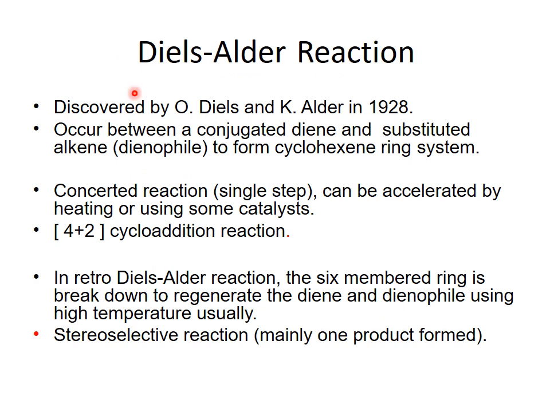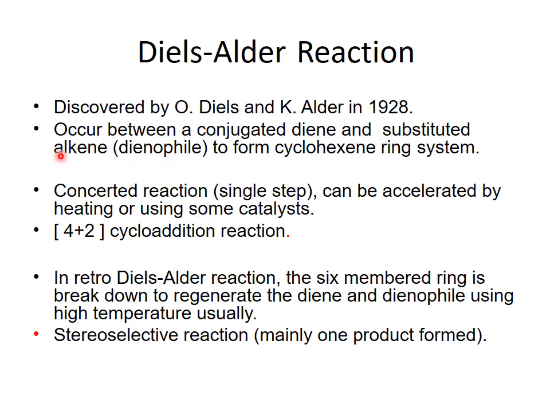Diels-Alder reaction. This reaction was discovered by Diels and Alder in 1928. This reaction occurs between a conjugated diene and a substituted alkene that is called the dienophile. I told you in the previous slide that there are two partners for the Diels-Alder reaction.